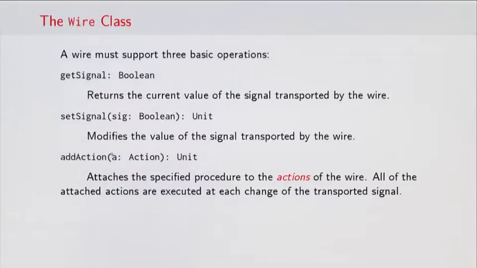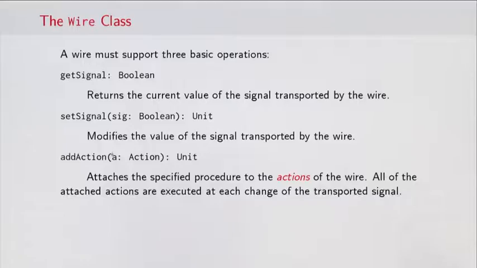So in the gates layer, you first have the class of wires. To be simulated, a wire should support three basic operations. The first operation is getSignal. That should return the current value of the signal that's transported by the wire. Current means at the current simulated time. Then there should be a way to change the signal of a wire. That's done by the method setSignal.